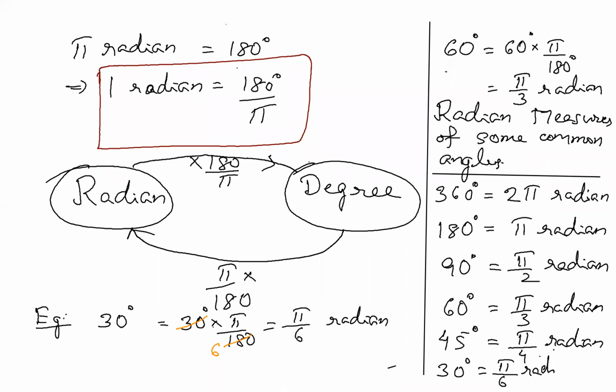So these are the radian measure conversions. 360 degree is 2 pi radian. Very important angle, some commonly used angle. 180 degree is pi radian. 90 degree is pi by 2 radian. 60 degree is pi by 3 radian. 45 degree is pi by 4 radian. And 30 degree is pi by 6 radian.